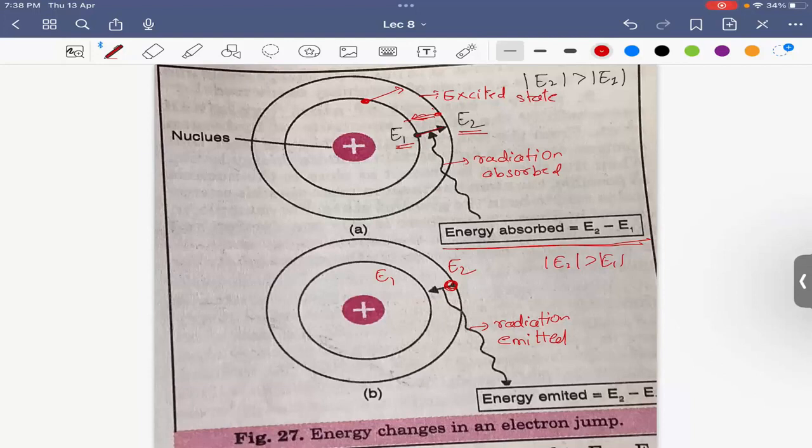So when an electron absorbs energy equal to E2 minus E1, it jumps to a higher energy level. And when the electron jumps back to a lower energy level, it radiates the same amount of energy. This amount of energy emitted or absorbed is given by the difference of energy between these two energy levels, E2 minus E1, where E1 and E2 are the energy levels of those particular orbits.